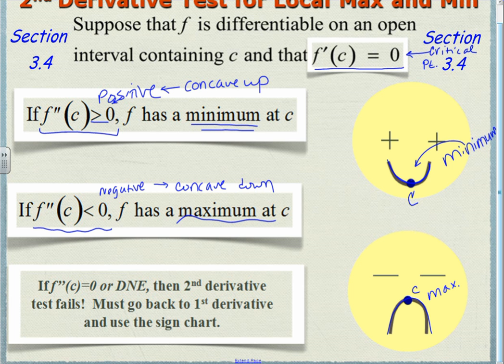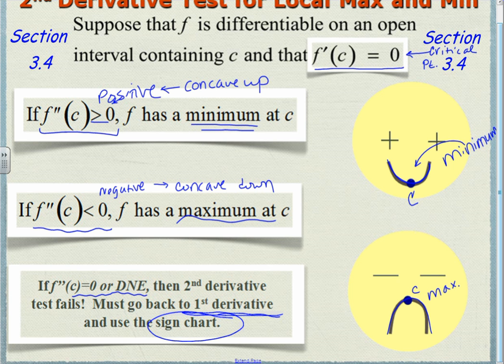So I can use the first derivative test to find and locate c. I can use the second derivative test, knowing the concavity, whether it's opening upward or downward, to determine whether it's a max or a min. If the second derivative equals 0, or it doesn't exist, which is possible, then the second derivative test fails, and I will have to go back to the first derivative and use a sign chart.